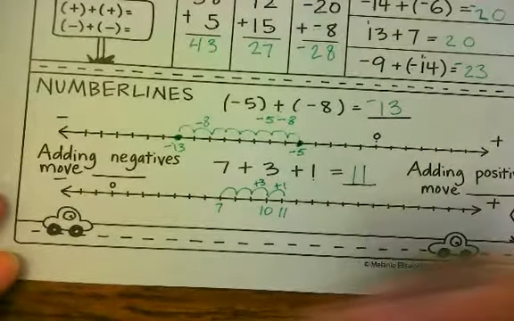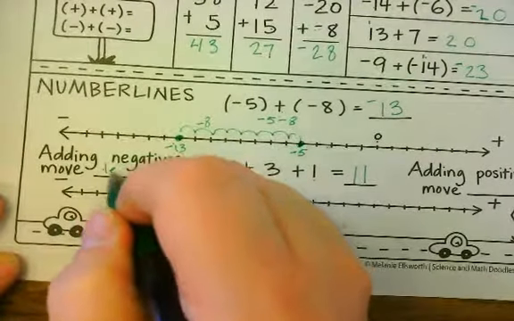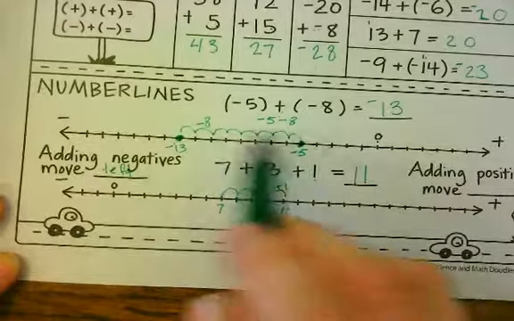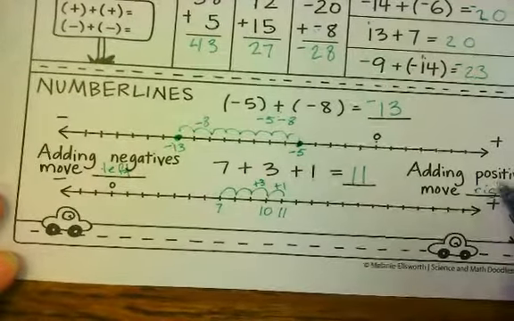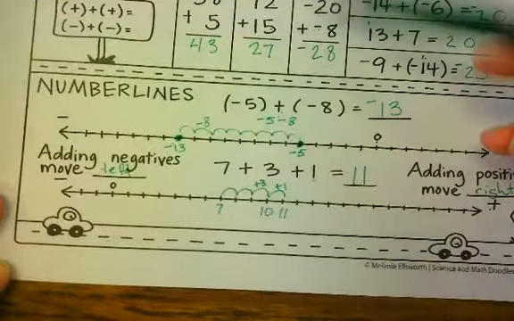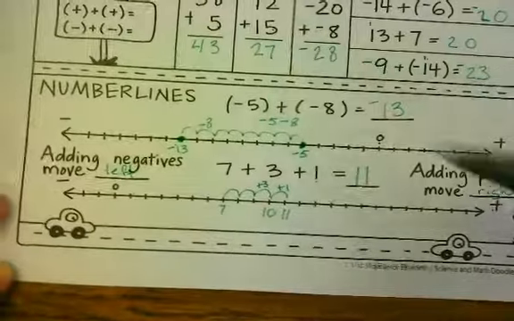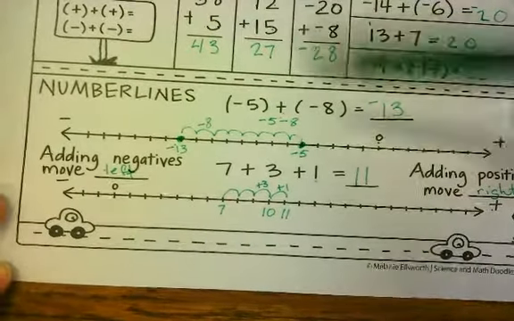So here we can put that adding negatives moves us more left, like we saw up here, and adding positives moves us to the right. If you're doing an up and down number line, going more positive makes us go up, and more negative makes us go further down.